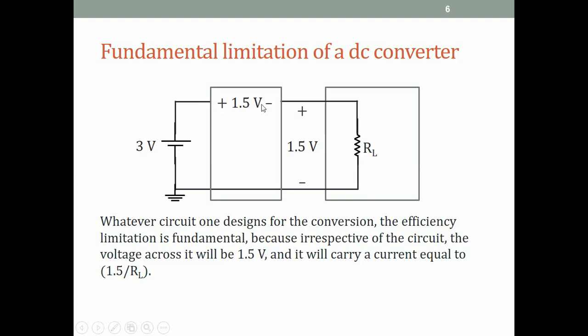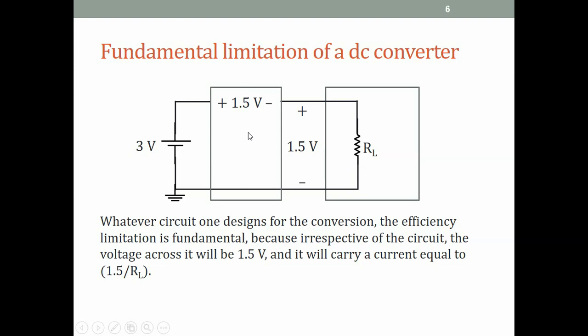That current has to flow here. Whether we put R1 or whatever else we may think of putting, there will be a voltage drop across that circuit and a current in that circuit, which will be 1.5 volts by RL. Therefore, there is necessarily a large power consumption by the DC to DC converter, and so the efficiency of this circuit is fundamentally limited. It can never become very high because of this fundamental limitation.